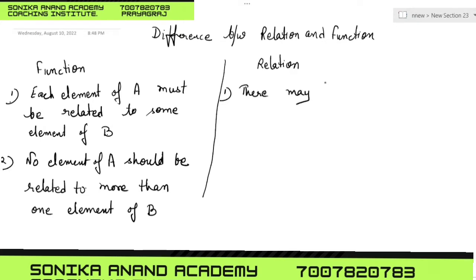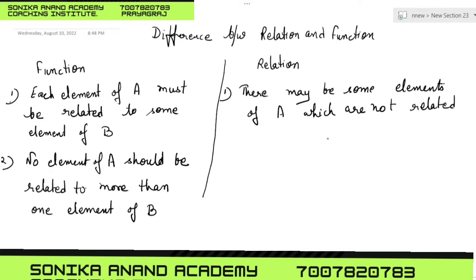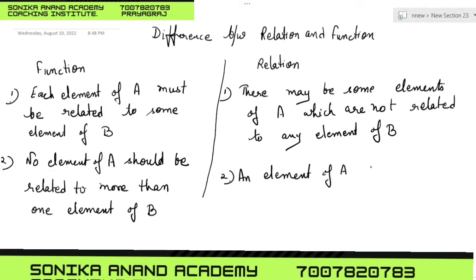There may be some elements of A which are not related to any element of B. Second point, an element of A may be related to more than one element.